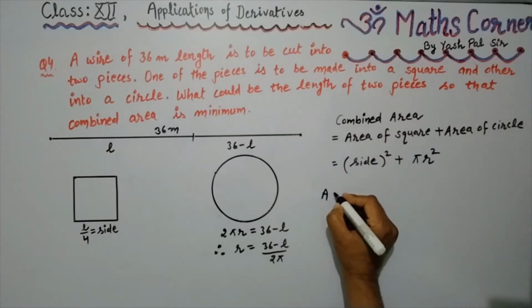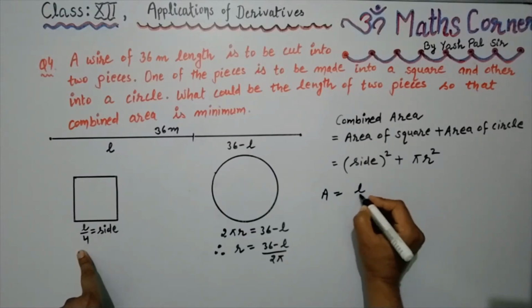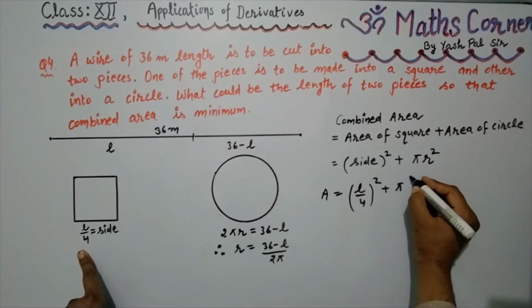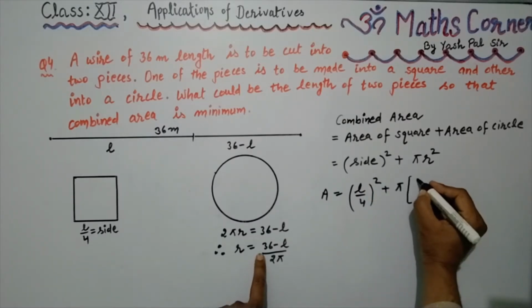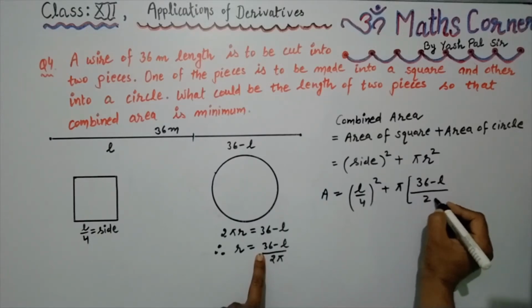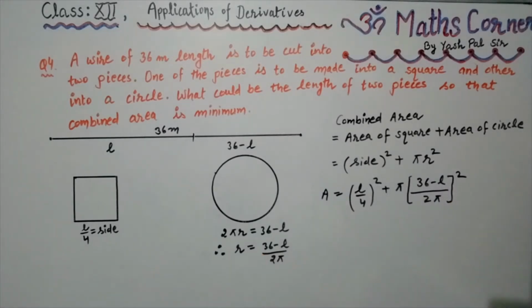Okay. So this way we consider combined area as we write here, A is equal to, side is L upon 4, its whole square, plus pi into, what is r? r is 36 minus L divided by 2 pi, its whole square.